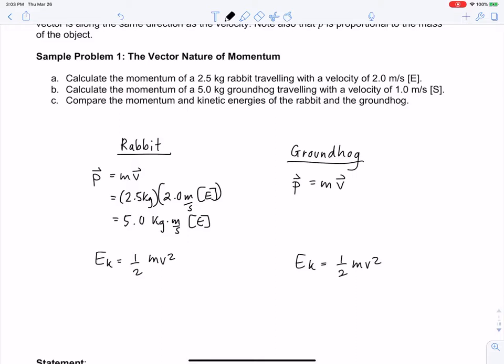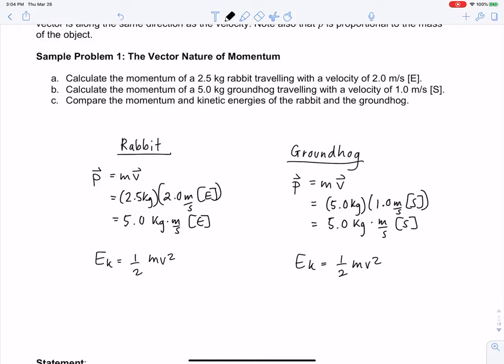Let's do the same for the groundhog. Here we have 5 kilograms with a reduced speed of 1 meter per second south. Multiplying in our calculator, we get 5 kilograms times meters per second south.